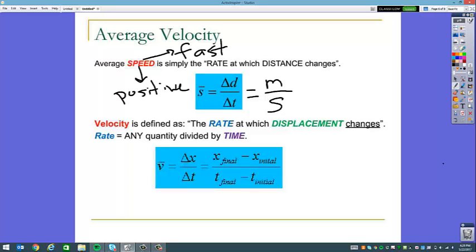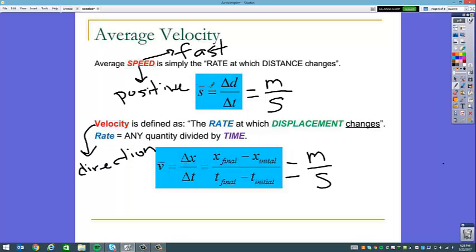Since your displacement depends upon direction, your velocity is also based on direction, so make sure you're worried about that direction the entire time, positive and negative. So your velocity is delta x over delta t. Delta x is measured in meters and time is measured in seconds, so your unit for velocity is meters per second.